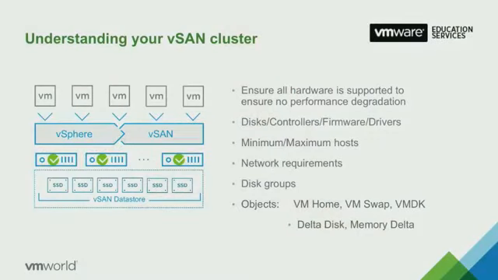You will get health check warnings where it says your firmware and drivers are not up to date. It needs to be patched. It will tell you all of the issues that are going on in your VSAN cluster. So in VSAN 6.6, it just makes life very, very easy for you. But for those of you that are on, we'll say 6.0, then what you need to do is go and run some commands.